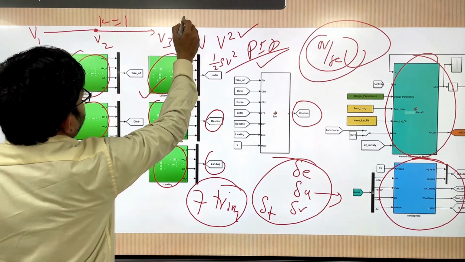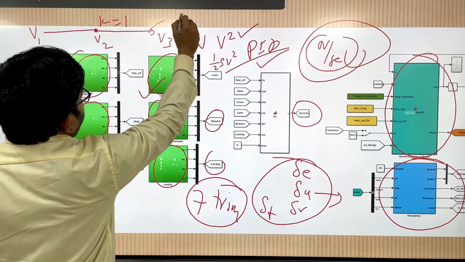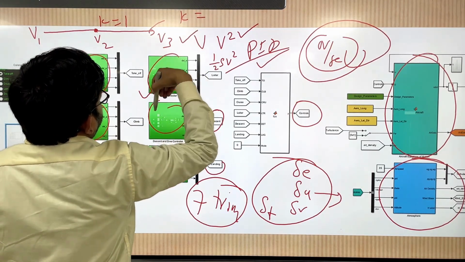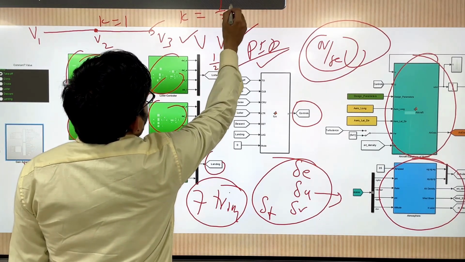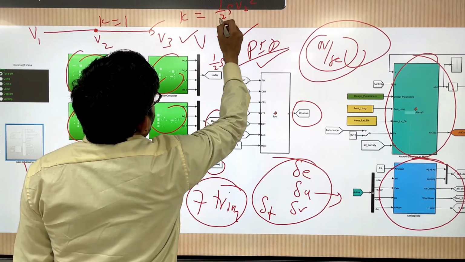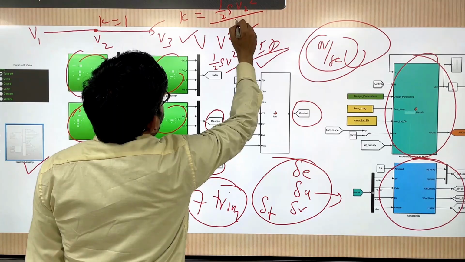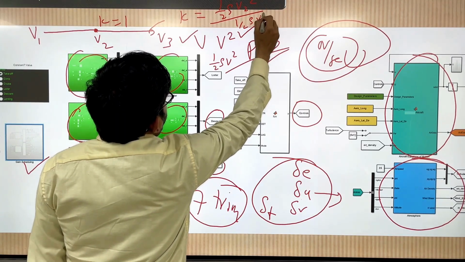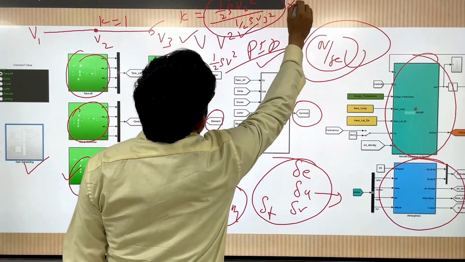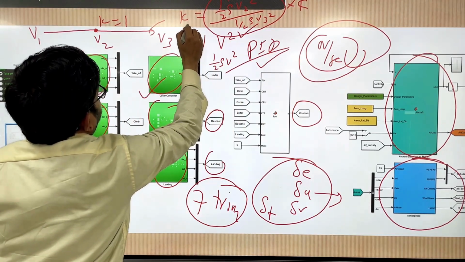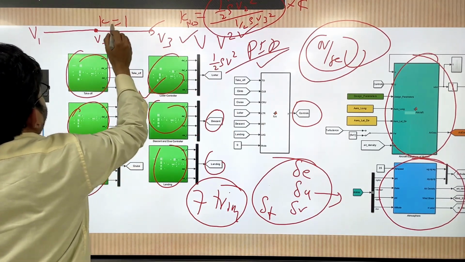So the new gain at this point will be the dynamic pressure of this one, half rho v2 square, over the dynamic pressure of this, half rho v3 square, multiplied by the gain at this point, let's say k.